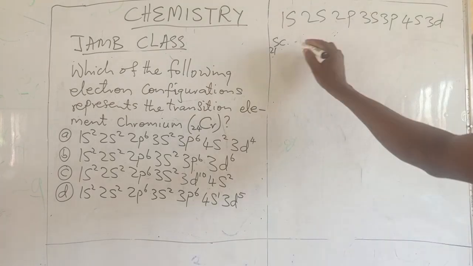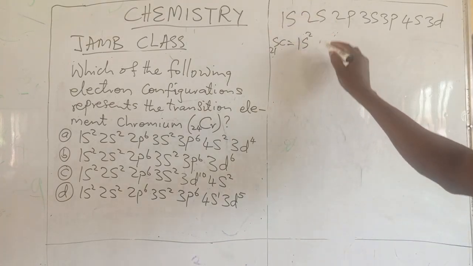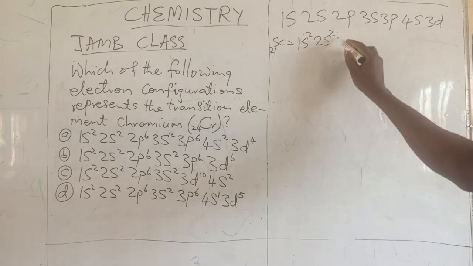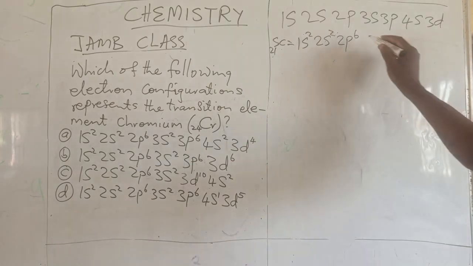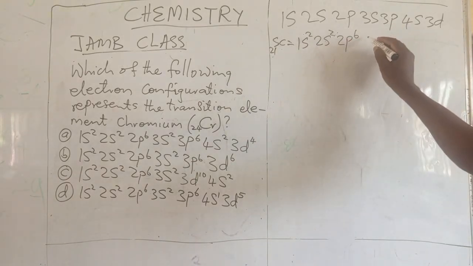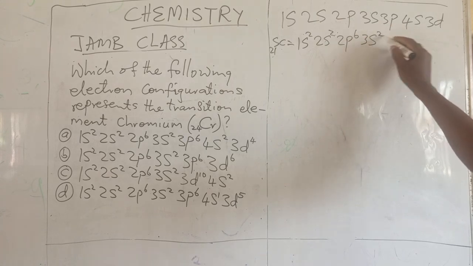Scandium 21. I will say the first shell orbital will carry 2. This one will carry 2. This one will carry 6. If you add, that's 10. You still have more left. This is 21 that we are looking at. This one will carry, because it's 4s, will carry 2.